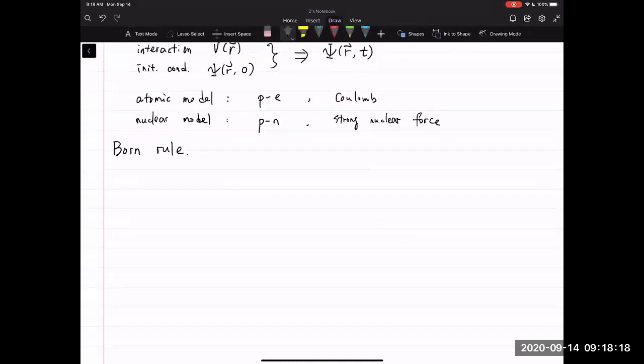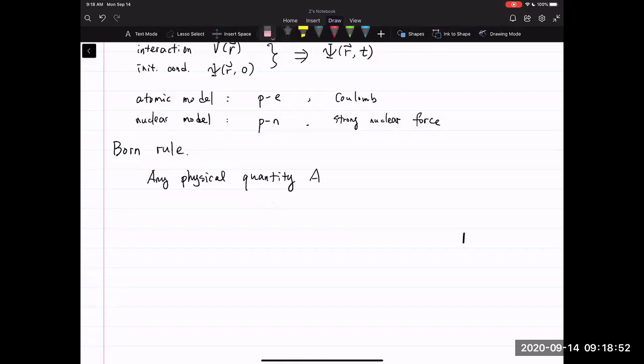Born's rule tells us that if you already have the wave function, for any physical quantity A, we always use A as the operator of any physical quantity. For any physical quantity A, okay?